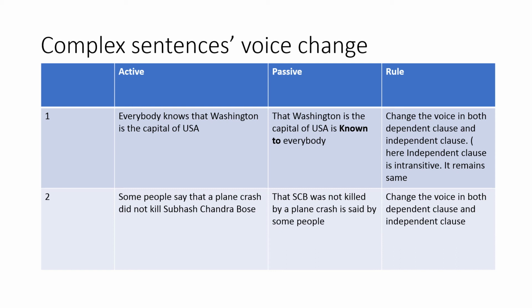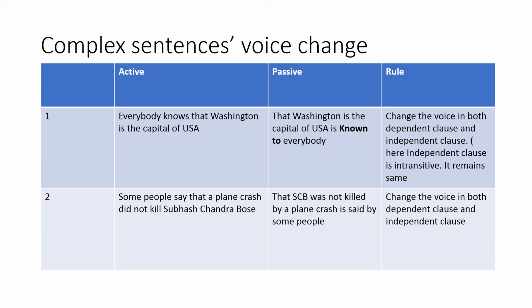Another point is that the dependent clause, that Washington is the capital of USA, is in the present tense, but it is in intransitive form. And as you know, an intransitive sentence cannot be converted into passive form. That's why it remains the same: that Washington is the capital of USA is known to everyone. Both are in the present form, so their form in the passive remains the same in the present form.